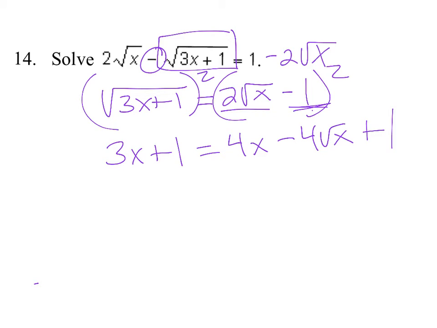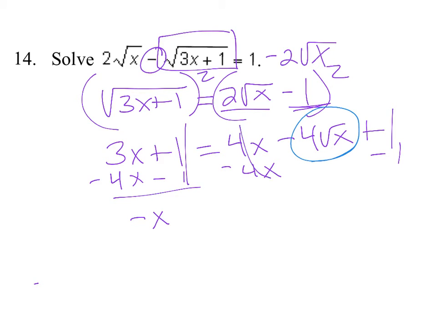All right. Now I have to go through and isolate the radical x. So I'm going to subtract the 4x, and I'm going to subtract the 1. So I end up with negative x, and that goes completely away. Okay, and that goes away, and those go away.